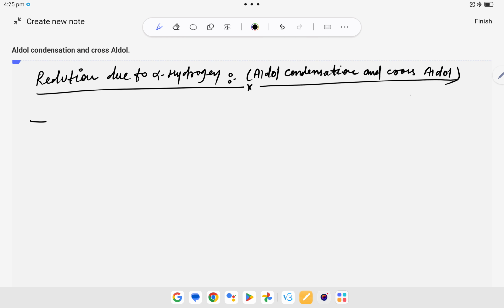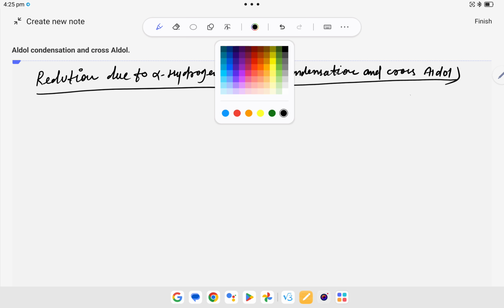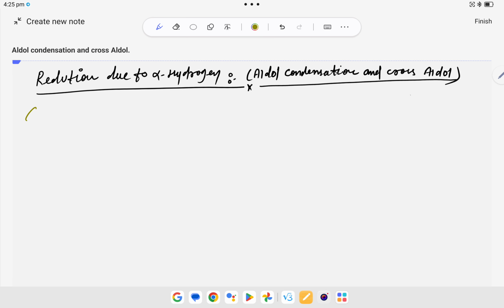So this is the carbonyl group, C double bond O, with one H and one like this.